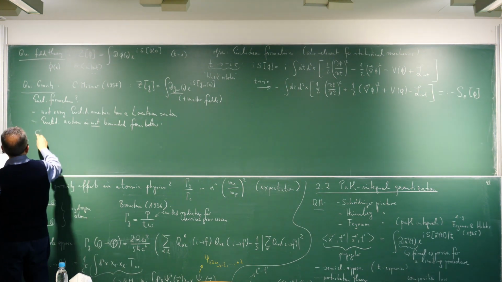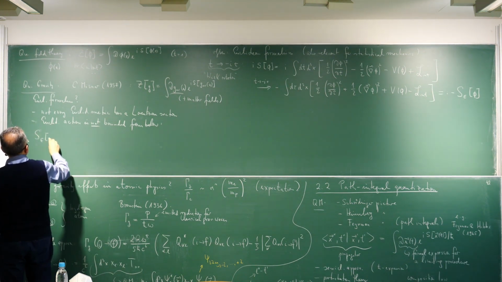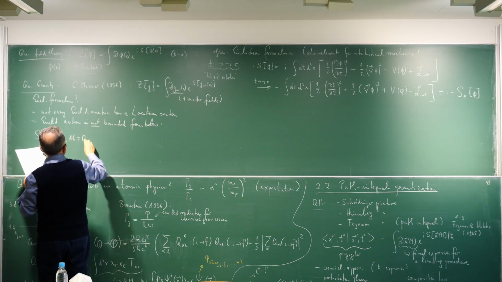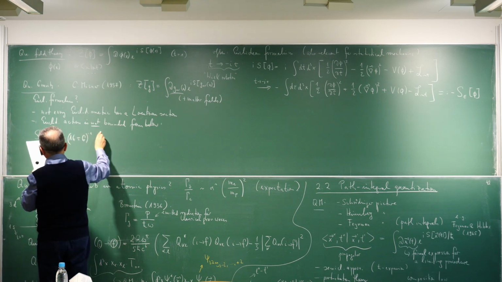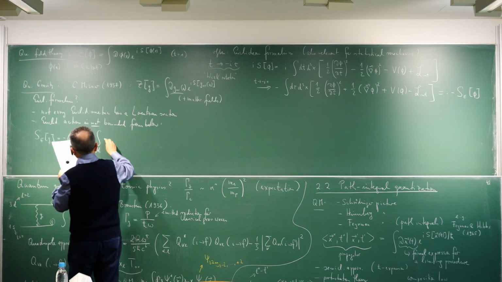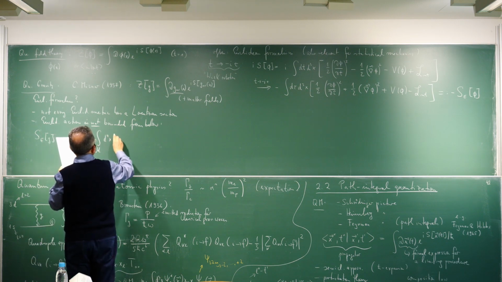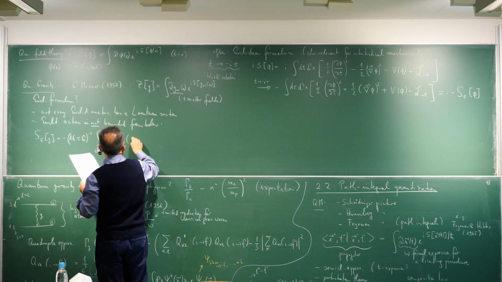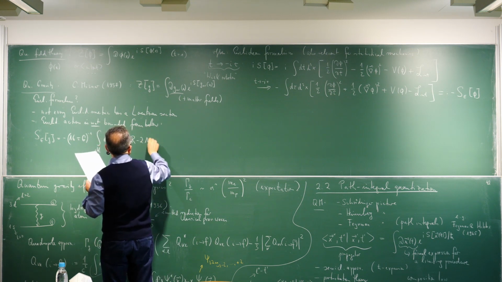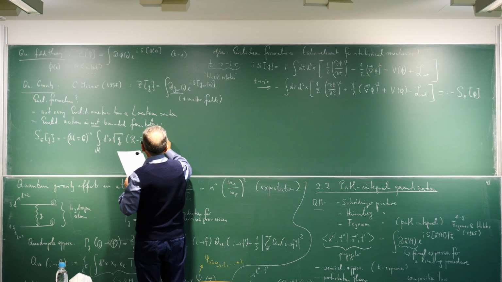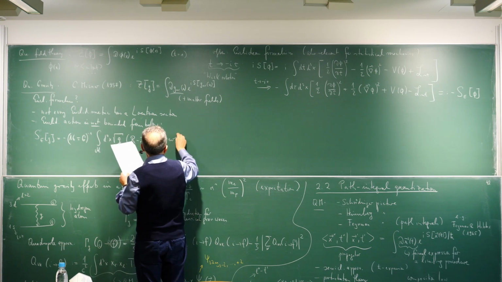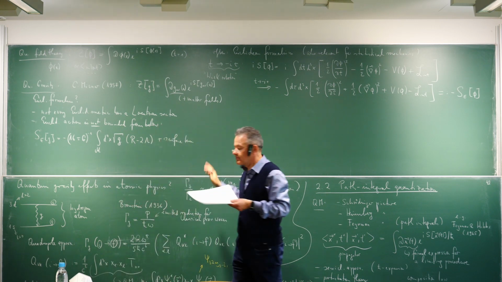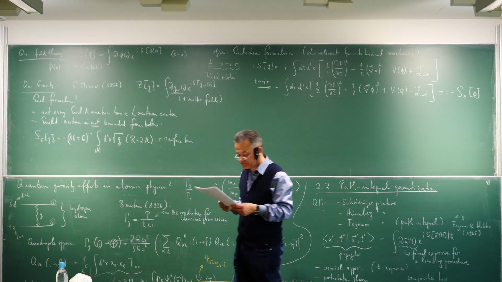Euclidean action. So if you somehow had this big rotation, you would write this Euclidean version of the Einstein-Hilbert action. Then you integrate over M d^4x, the square root of g, that's the Euclidean metric. And then you have R minus 2 lambda, and plus a surface term, which contains the second fundamental form, and which we will not discuss here.